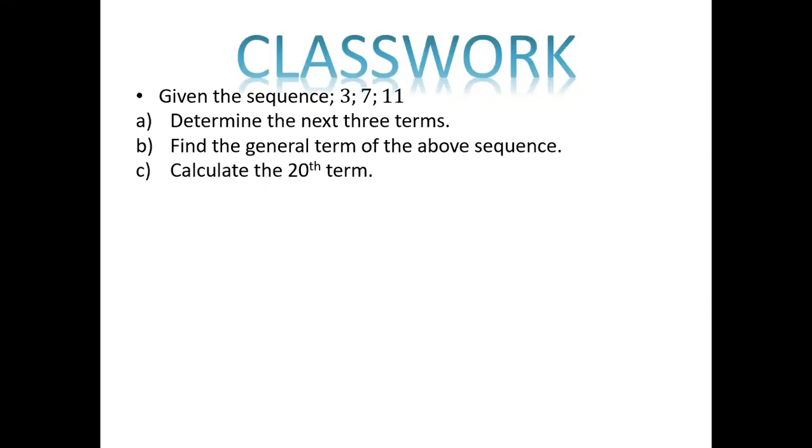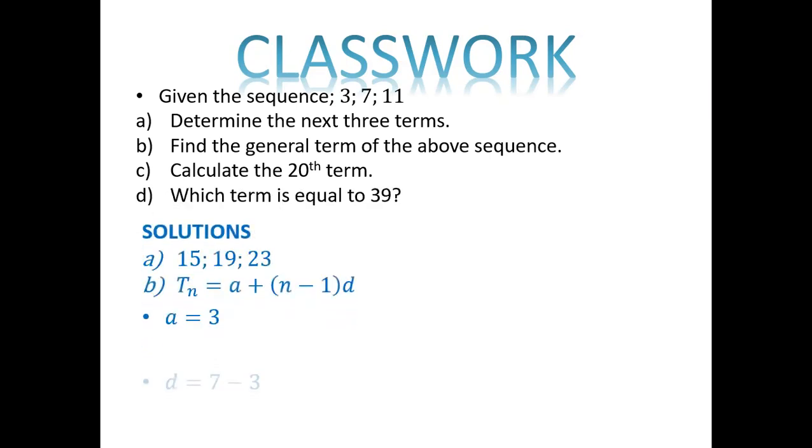Here, D is 4 and C will be -1. So it's 4n minus 1.